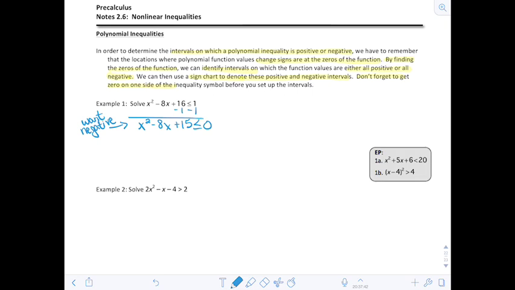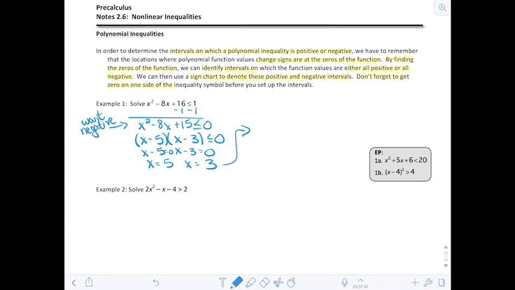So to find those zeros or those critical points, we're going to factor this one. Things that multiply to give me 15 that add up to give me negative 8 are going to be negative 5 and negative 3. So I'm going to set each of those equal to 0, and x will be 5 and x will be 3.